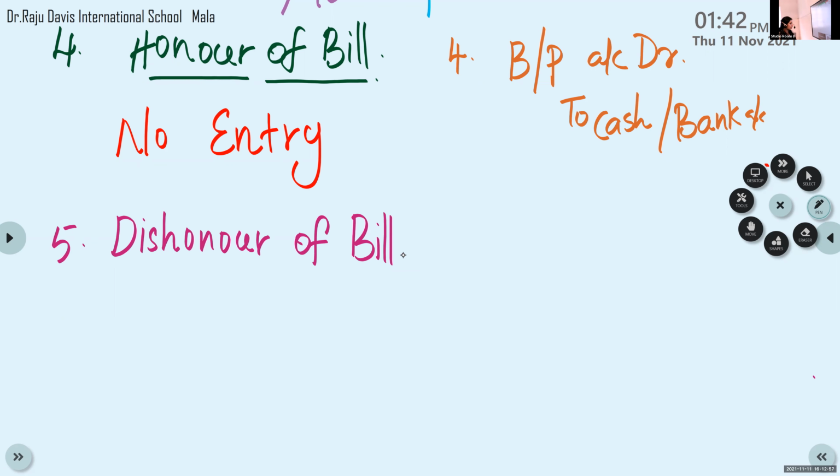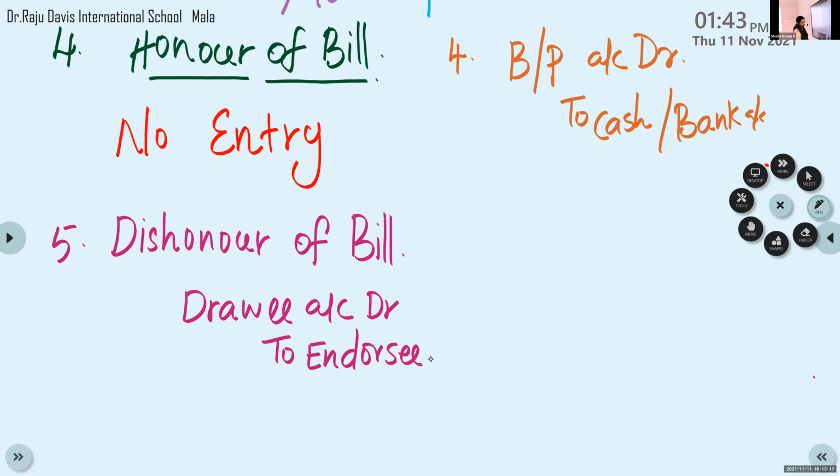Correct? So what is to be written in the books of drawer? Drawee account debit to endorsee.